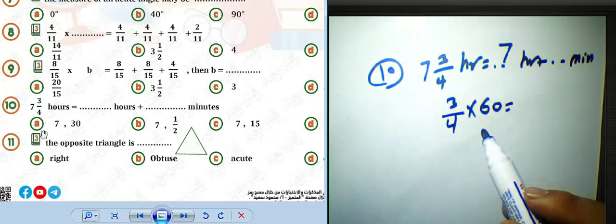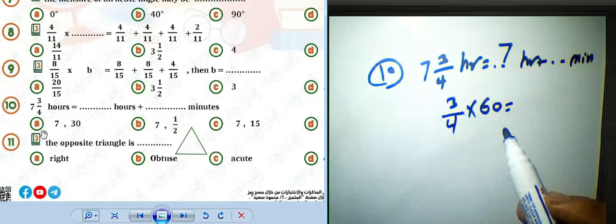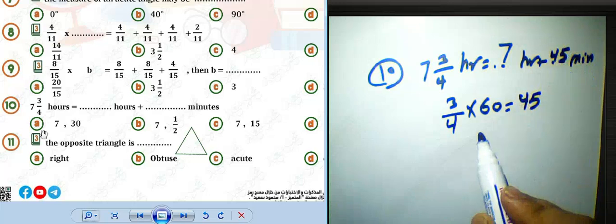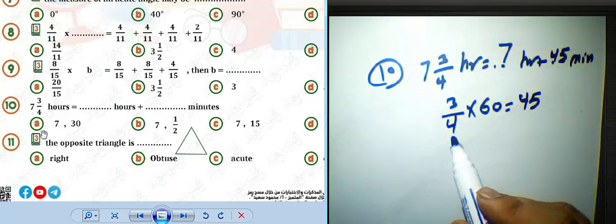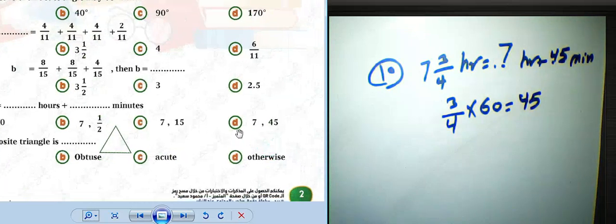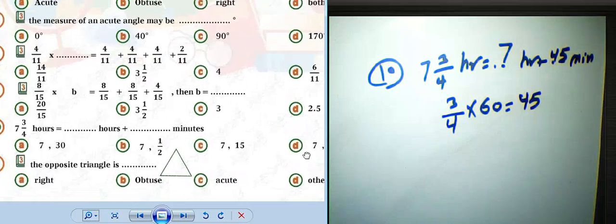Or you know 3/4 of an hour equals 45 minutes. Right here, 7 and 45. Choose letter D about this example.